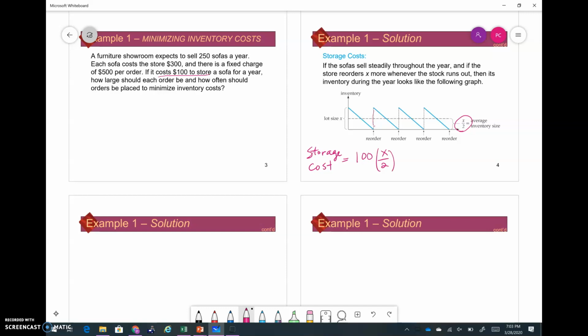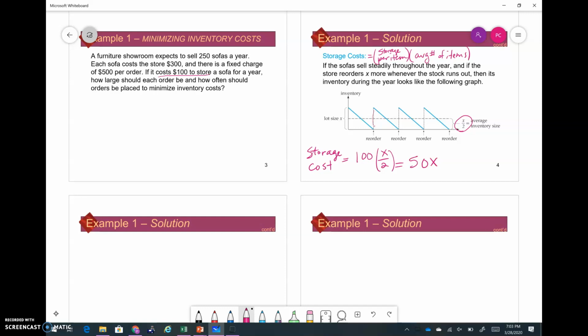Again, the storage cost is going to be the storage cost per item times the average number of items they have on hand. In our case, it's going to be 50x. So that's one part of the equation. We need the storage cost.